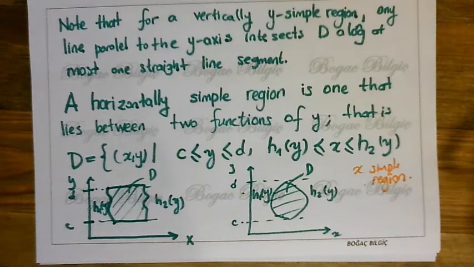The following theorem tells us that a double integral over a y simple or x simple region can be found by evaluating an iterated integral.